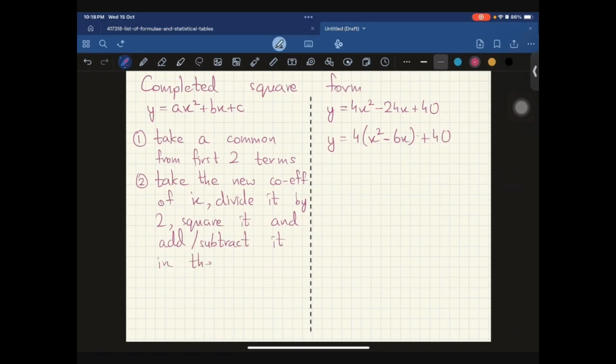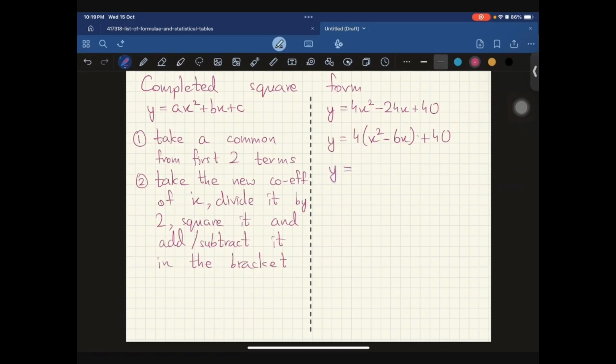This is a very loaded step, but I'll explain it in the example. What's the new coefficient of x over here? 6. The coefficient is basically what's before the x.